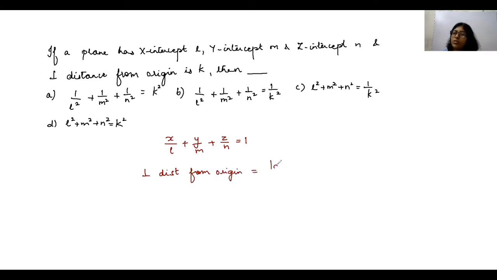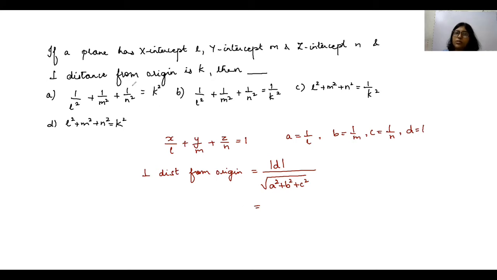That's modulus d upon root of a square plus b square plus c square. Over here, a is 1 by L, the coefficient of x, b is 1 by M, and c is 1 by N, the coefficients of x, y, z, and d is the constant.